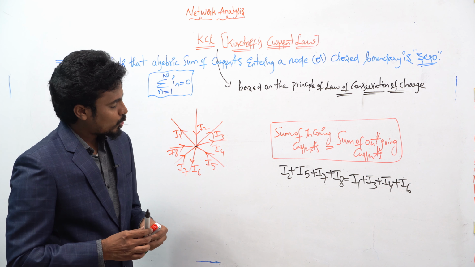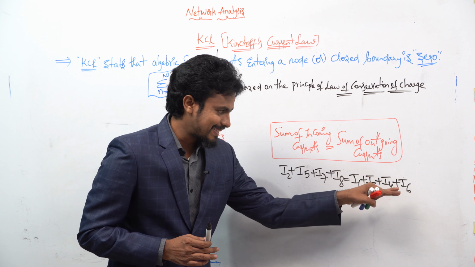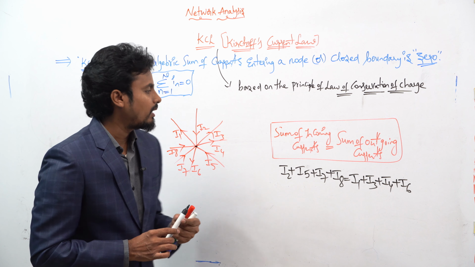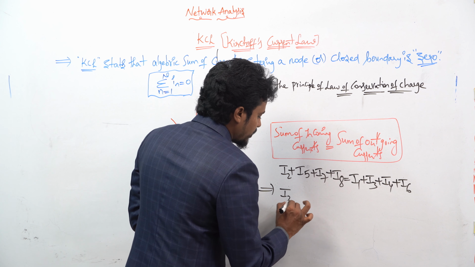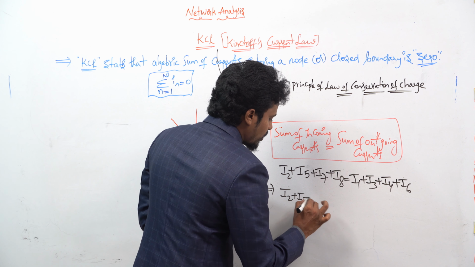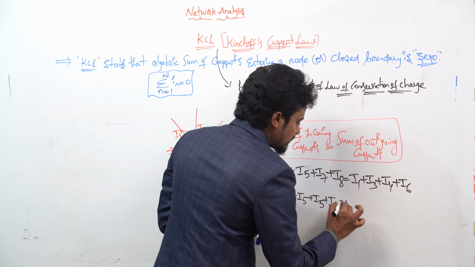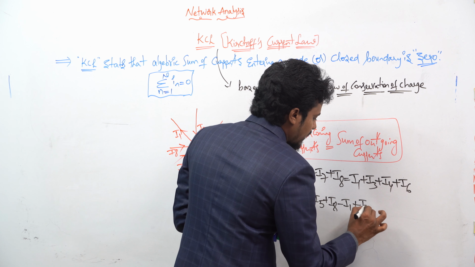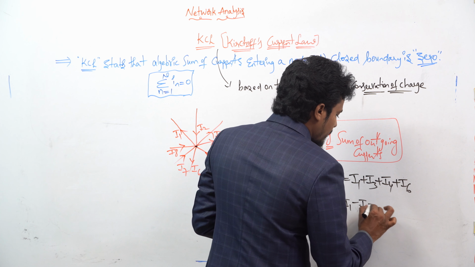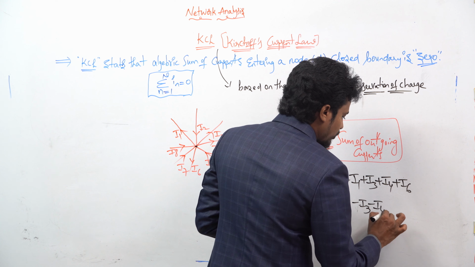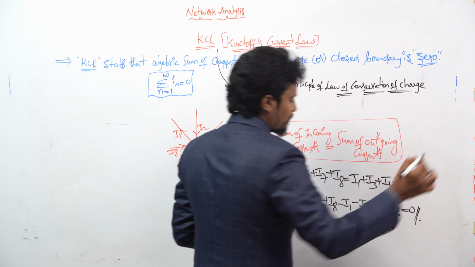Now if I move I1, I3, I4 and I6 to this side, what will happen? It becomes I2 plus I5 plus I7 plus I8 minus I1 minus I3 minus I4 minus I6, equal to 0.